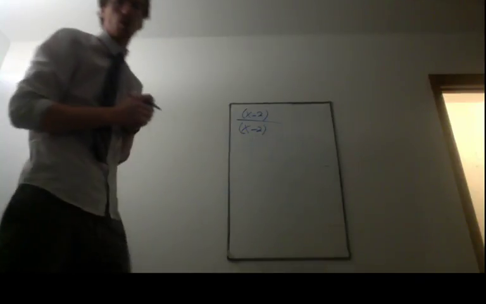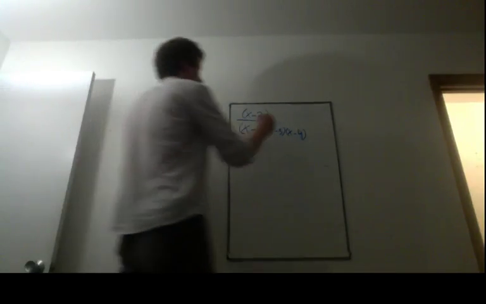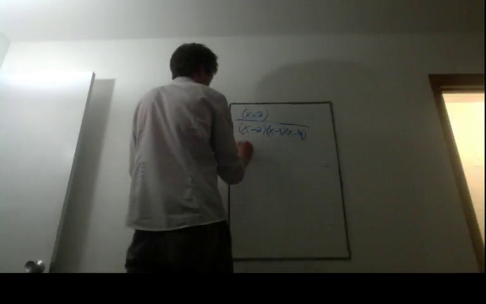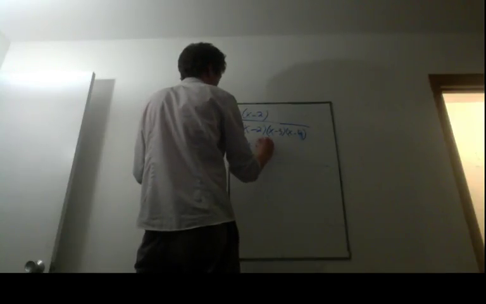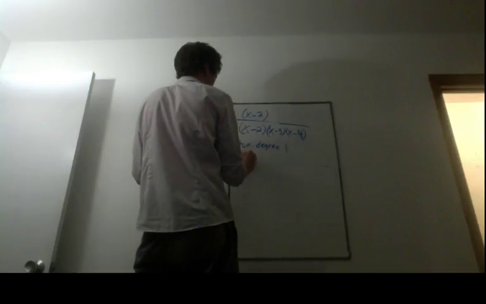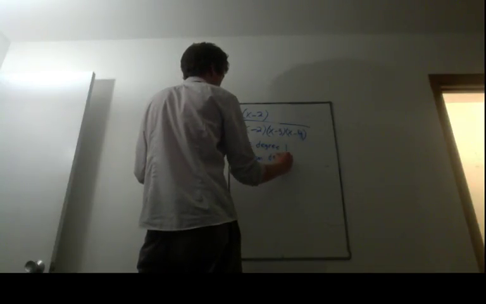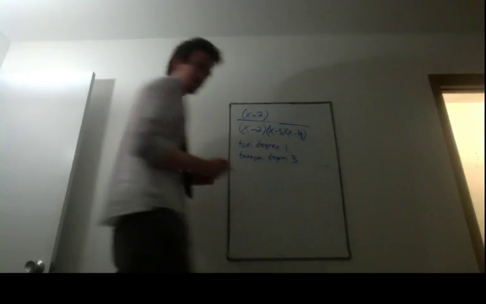Okay, there's our hole. And then we have two vertical asymptotes. So again, this number doesn't matter as much as long as we have two factors down here that are different. Okay, there are our two vertical asymptotes. Okay, right now, on top, we have a degree 1, and on bottom, we have a degree 3.